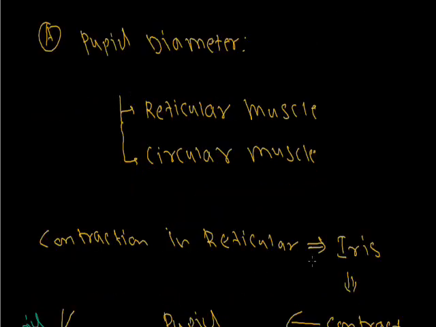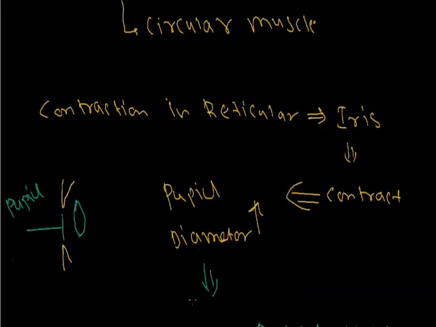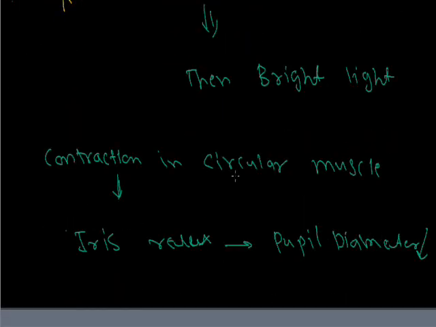When there is contraction in the radial muscle, then the iris contracts, so the pupil diameter is increased. When this situation occurs, bright light is incident in your eye. Then contraction in the circular muscle, the iris is less, so the pupil diameter decreases, when there is dim light.